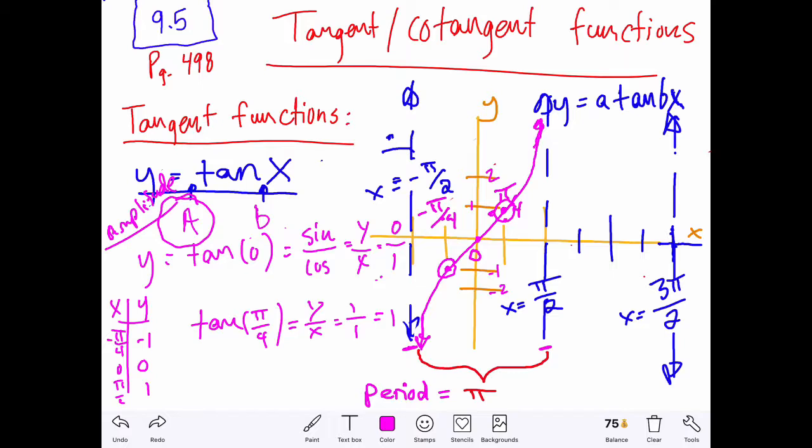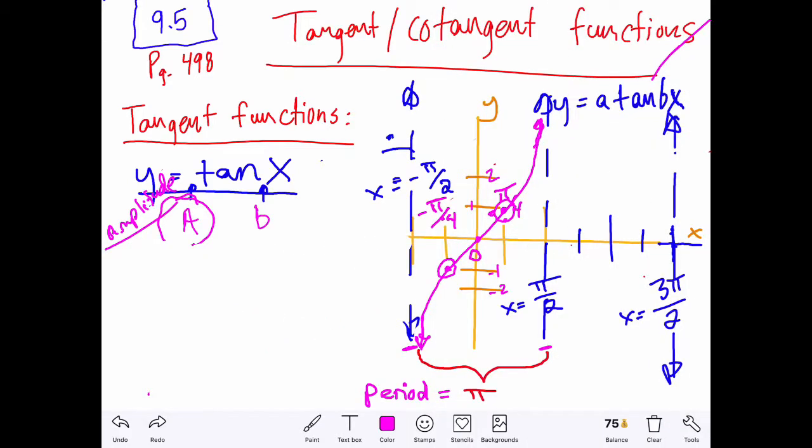Okay, so let's do another period length of it just to be sure we can do that. Okay, so let's now just do another period's worth here. And again, pi fourths. If I want to determine how much I'm adding here from pi halves to 3 pi halves, in other words, what are these intermediate locations along the way?